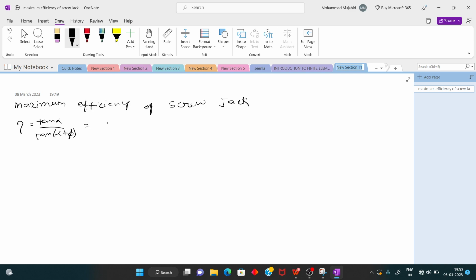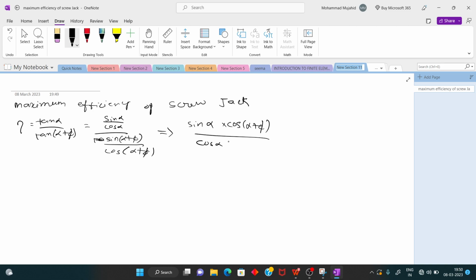This you can write as sin alpha by cos alpha by sin of alpha plus phi by cos of alpha plus phi. From this you will get sin alpha into cos of alpha plus phi by cos alpha into sin of alpha plus phi.